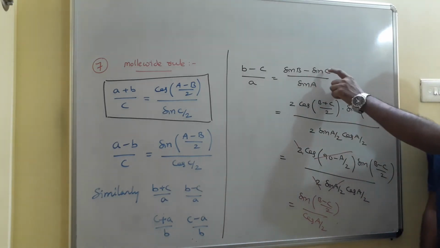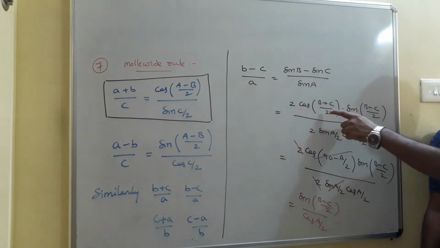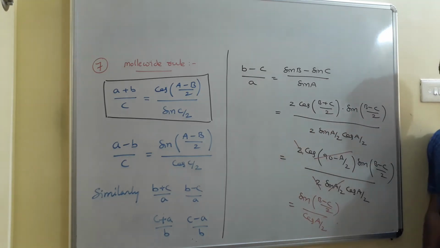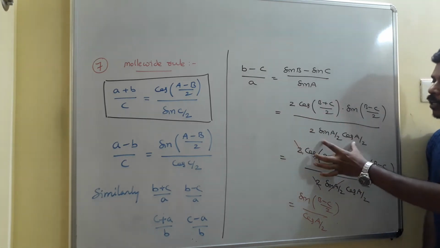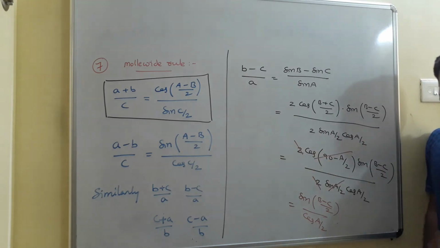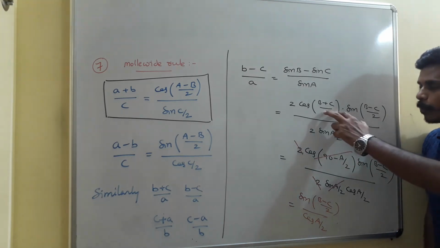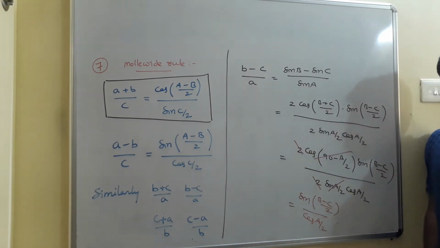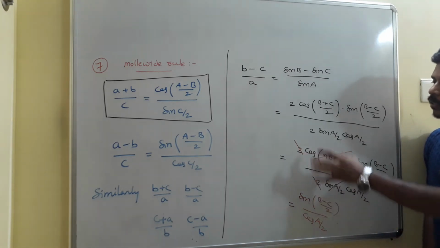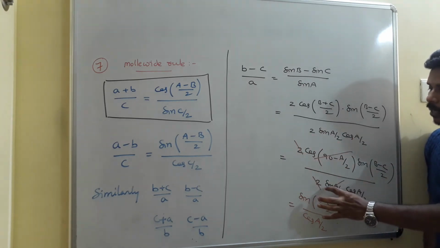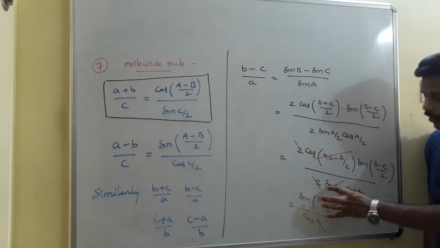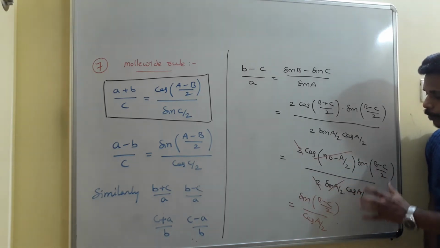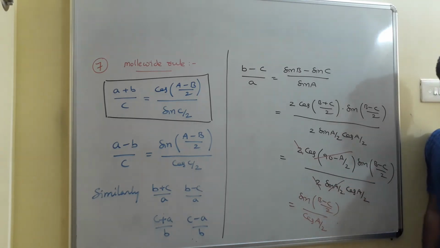And this sin b − sin c can be written as 2 cos((b + c)/2) into sin((b − c)/2), and in the denominator 2 sin(a/2) cos(a/2). A + b + c is 180, so a/2 + b/2 + c/2 is 90. So (b + c)/2 is 90 − a/2. So 2 and 2 will get cancelled. This cos(90 − a/2) and this sin(a/2), these two will again get cancelled. We are left with sin((b − c)/2) by cos(a/2) at the end.